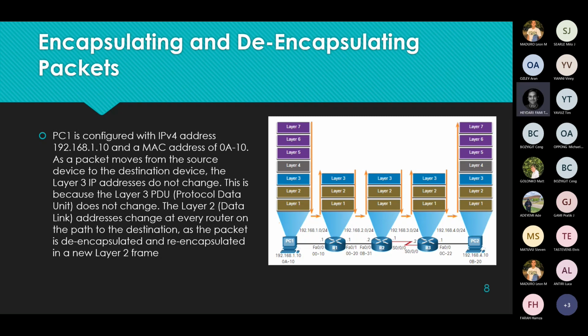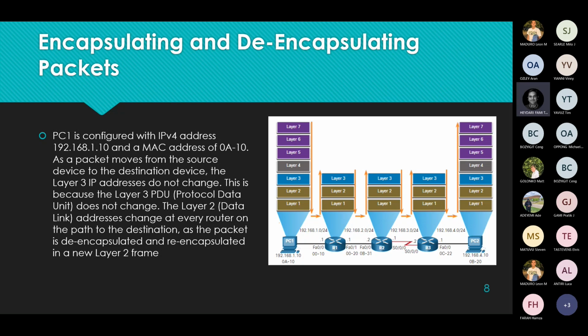and consults it against its routing table to see where to forward that IPv4 packet. Once the decision is made, R1 now needs to re-encapsulate that IPv4 packet into a new layer 2 frame, which matches this link, the link between R1 and R2, because layer 2 encapsulation may change from one hop to another depending on the data link protocol that we are running.